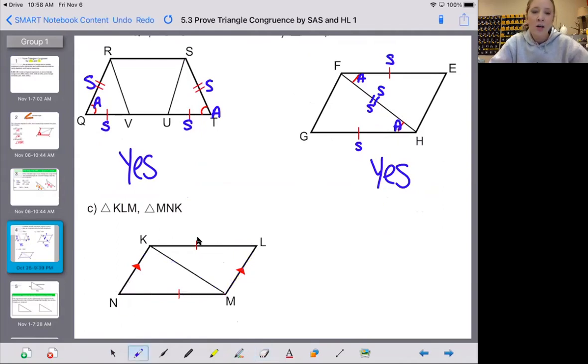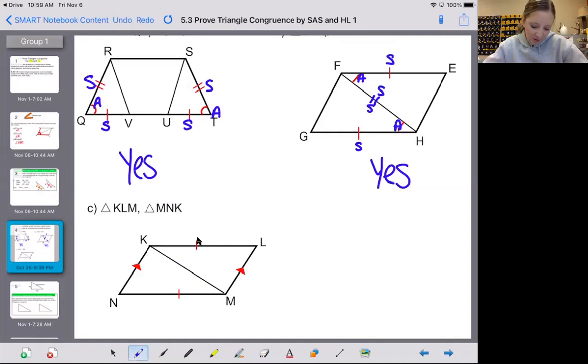So on the triangle at the top right over here, triangle KLM, I see this little arrow. And then same thing over here, I see another arrow. Do you remember what the arrows mean? So the arrows mean that these segments are parallel.